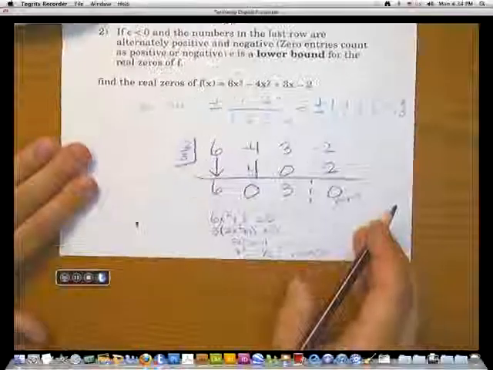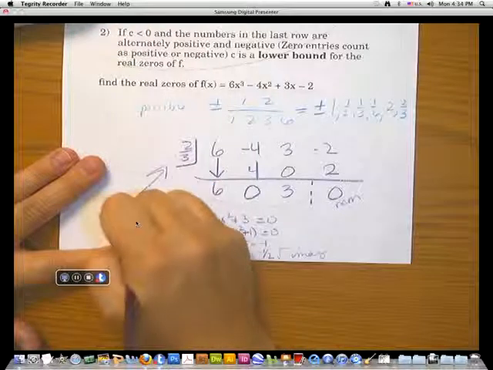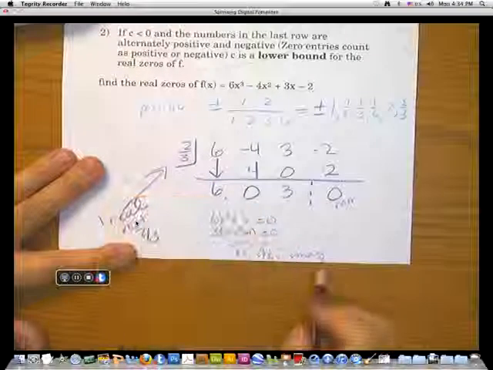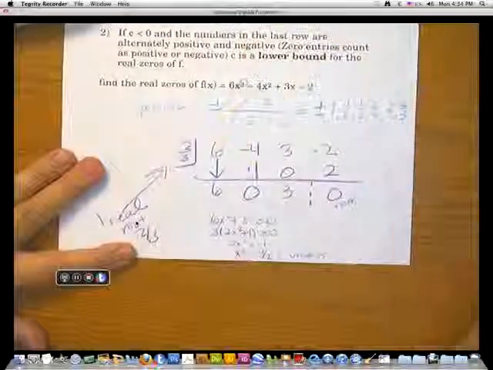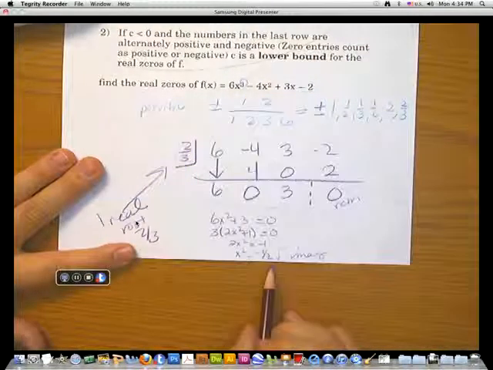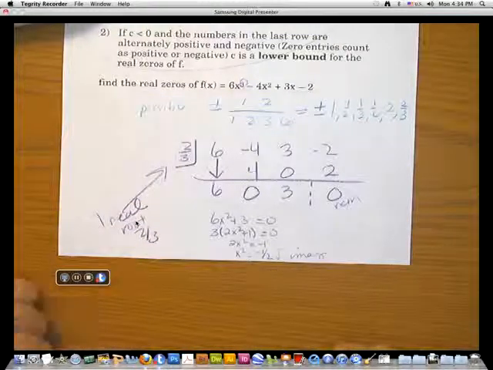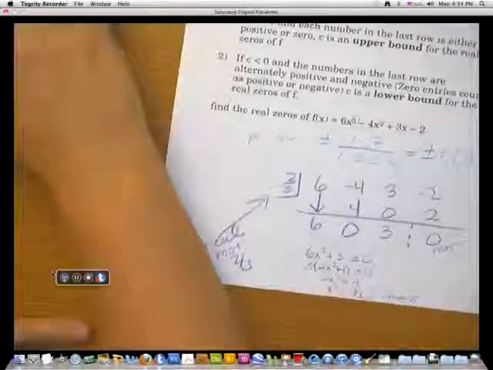So the only real root, one real root, is 2/3. The other two were imaginary because we had at most 3. So this is an example where there's only one real root and the other two are imaginary. And that is the second part of 2.3.